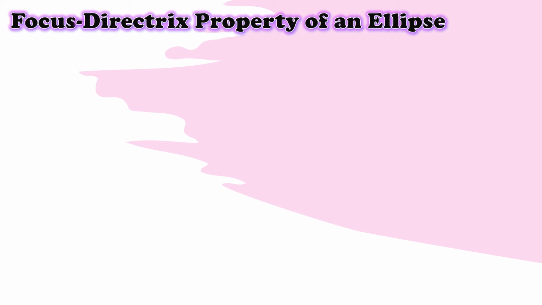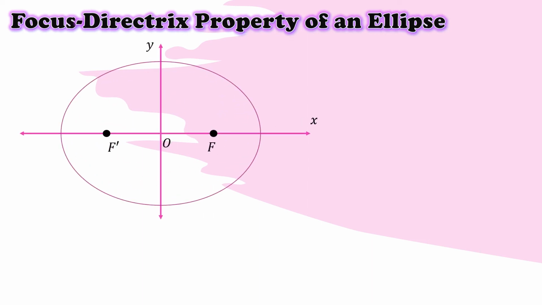The focus-directrix property of an ellipse. We defined a parabola in terms of a focus and directrix, but we made no mention of the directrix in defining an ellipse. It turns out, however, that an ellipse has a directrix.